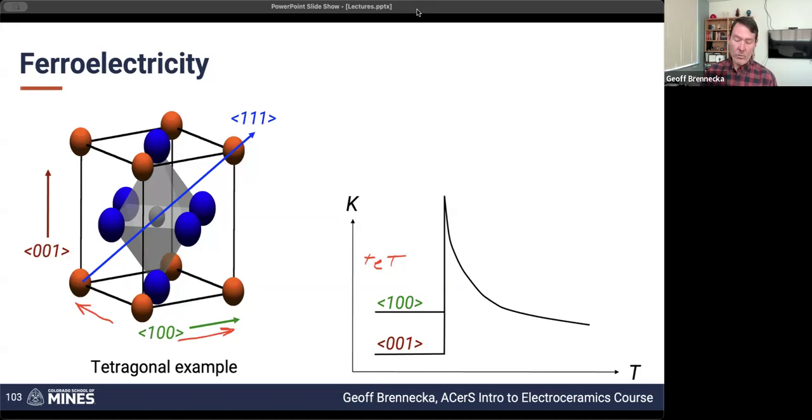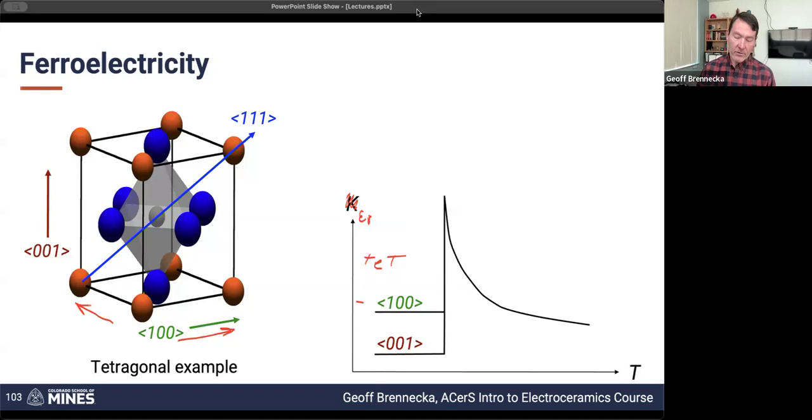So the 100 and 010, A and B, are identical to one another because it's tetragonal. The C-axis is along and it's different. So you'll notice that the relative permittivity, and again, I'm going to change this to ε_r because it's relative permittivity instead of dielectric constant because it's not constant, the relative permittivity is actually larger along the 100 direction than it is along the 001 direction. So why might that be?